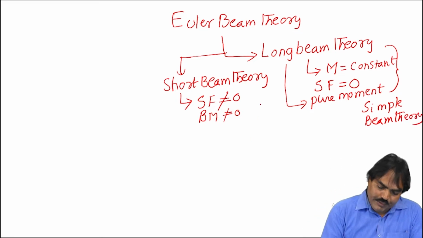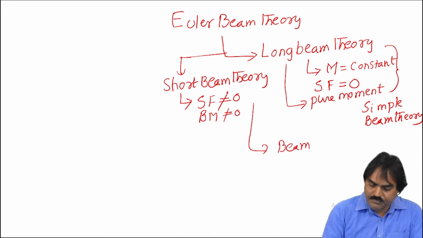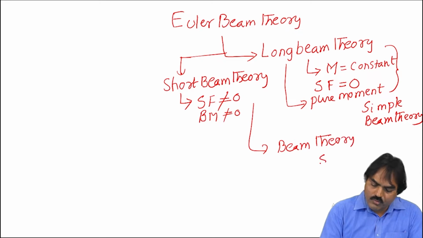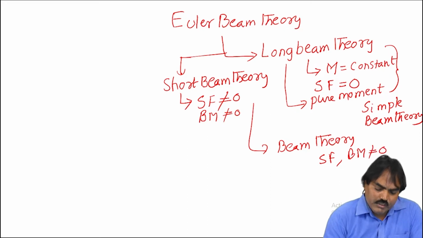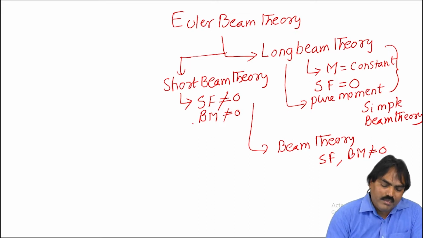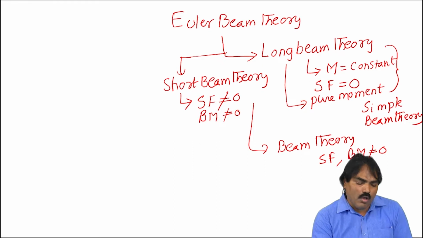Then in the beam theory, both the shear force and bending moment are not equal to 0. In the short beam theory, the shear force will be more predominant compared to the bending moment. Generally, these are short blocks.